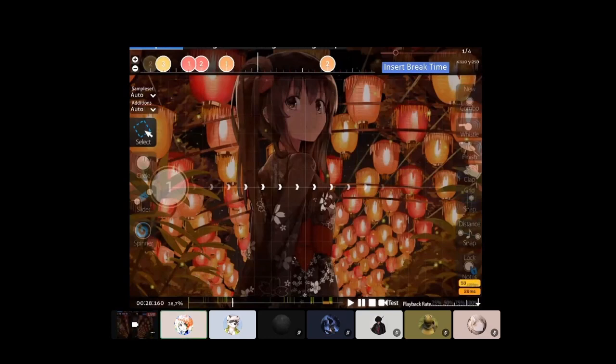You can maybe even go so far as to say that a map with a lot of flow aim patterns could encourage them to flow aim things that they usually wouldn't.